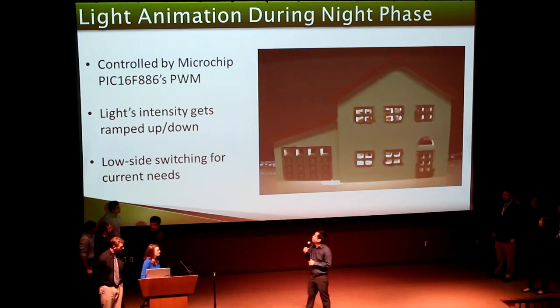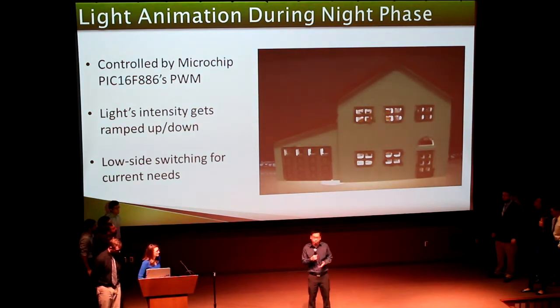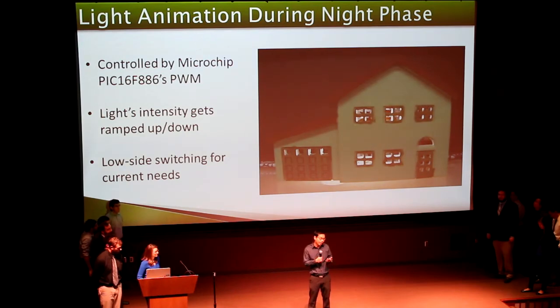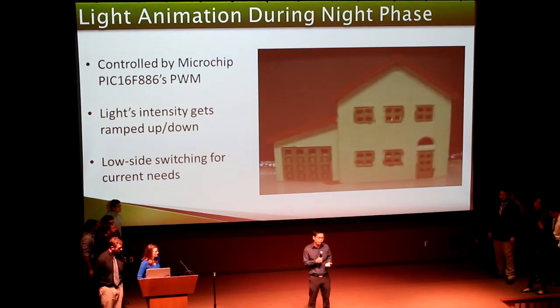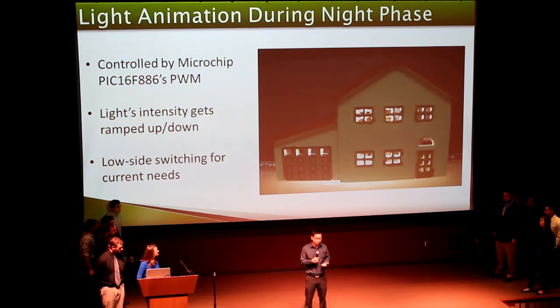Hi. So besides the light animation to show the power flow on the grid, our model also has the ability to simulate San Diegan's nightlife activity. When people come home from work, they will turn the light on, and when they go to sleep, they will turn the light off. And this activity will be simulated by changing the intensity of the light.